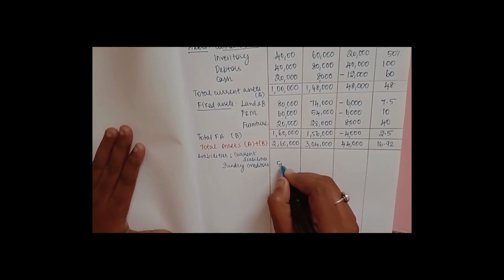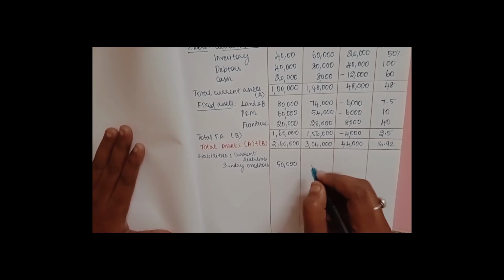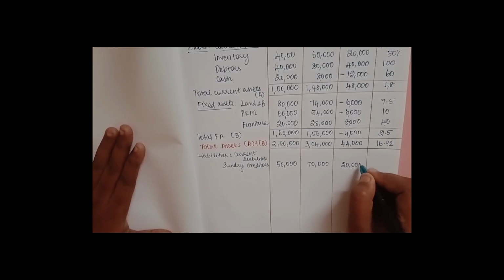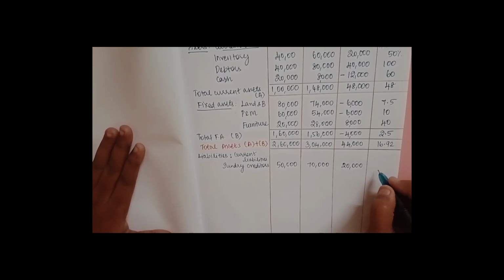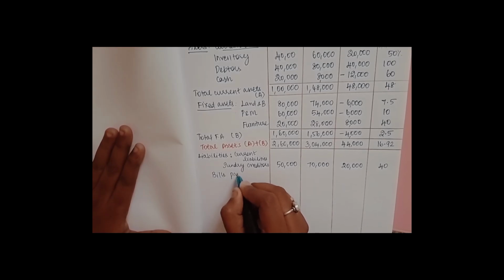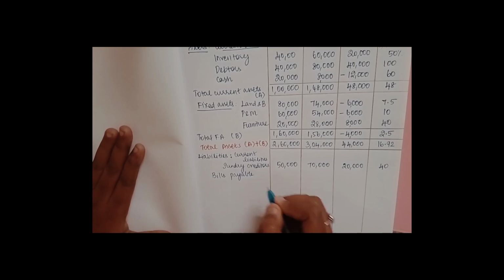It is 50,000 in this year and 70,000 in this year, which is an increase of 20,000, and this ends up at 40%. The next one is bills payable.